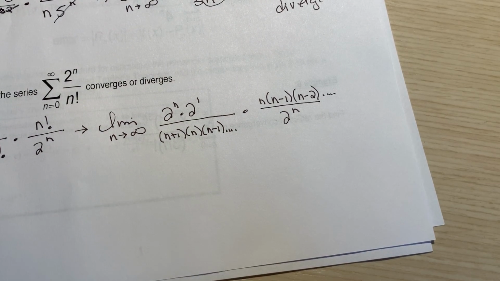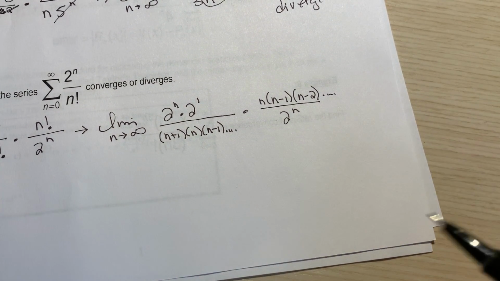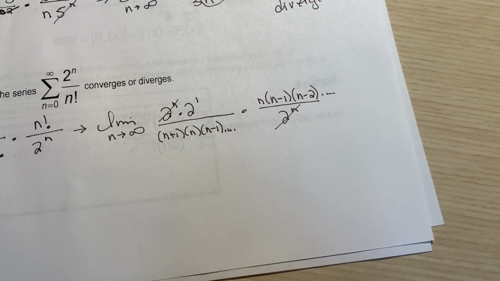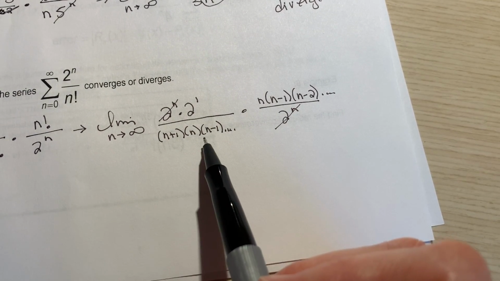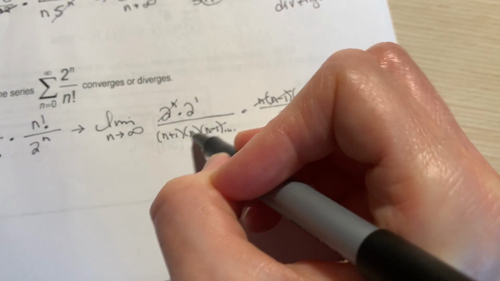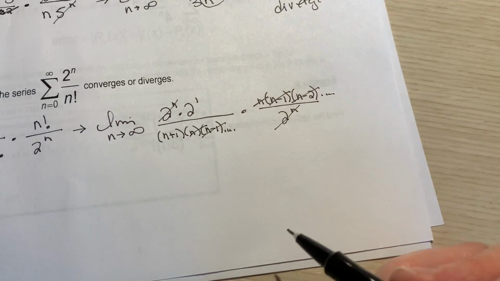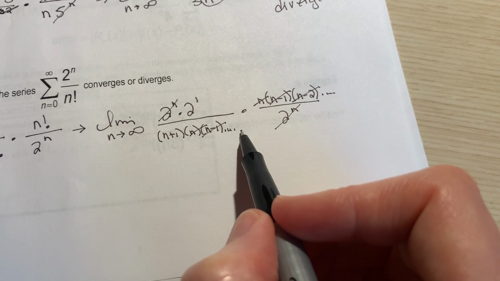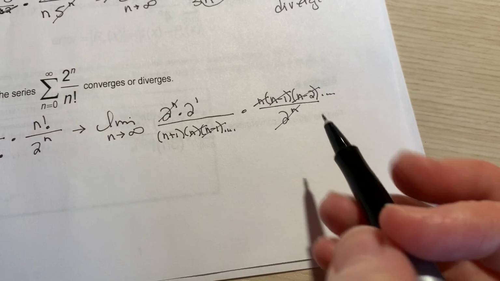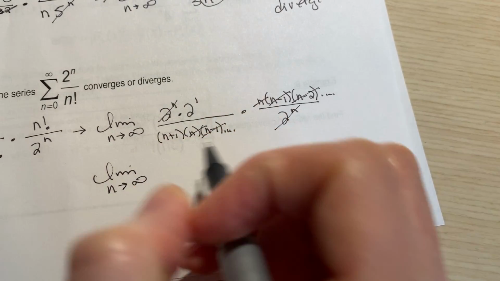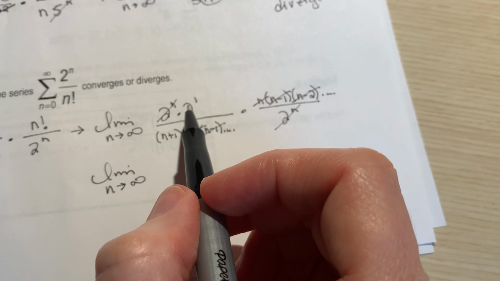Okay, now look at this and think, what can I simplify? Well, I got 2 to the n divided by 2 to the n, so those one out. Look at your factorials. So n minus 1, n minus 1, n. Anything smaller than it is also going to one out because my next term here would be n minus 2. So now this becomes the limit as n approaches infinity of, what do I have left on the top?